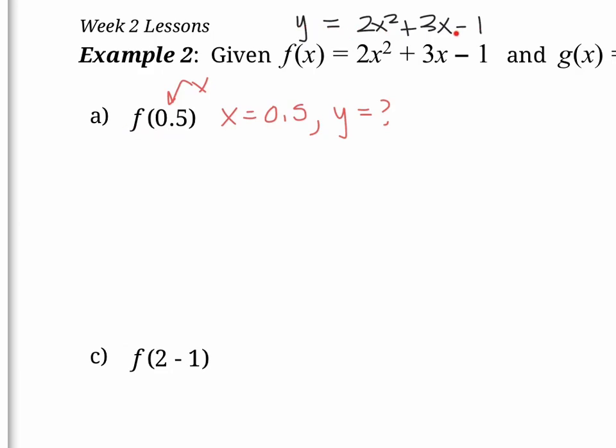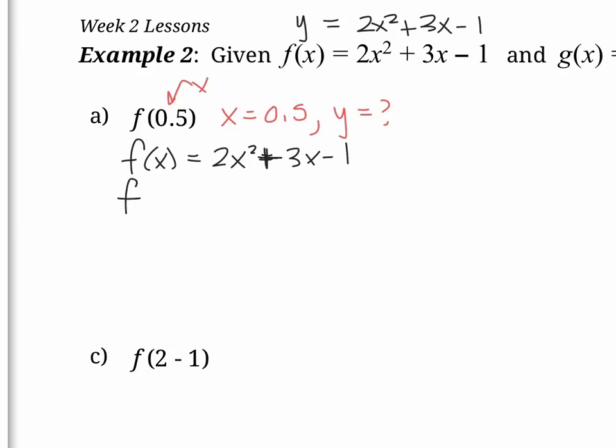Don't use this guy here. So let's try it. So I'm going to start off with writing out the equation. So we have f at x is equal to 2x squared, plus 3x minus 1. And it's asking us to plug in 0.5 for x. Whatever is in this bracket is what we're to plug in for x. So here I go.